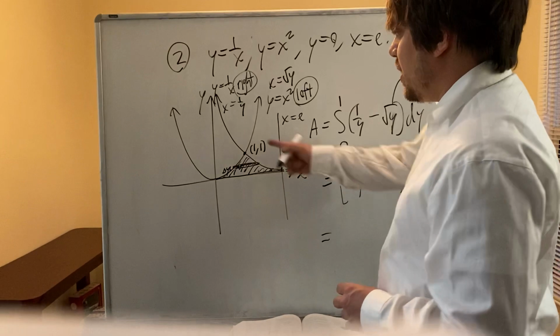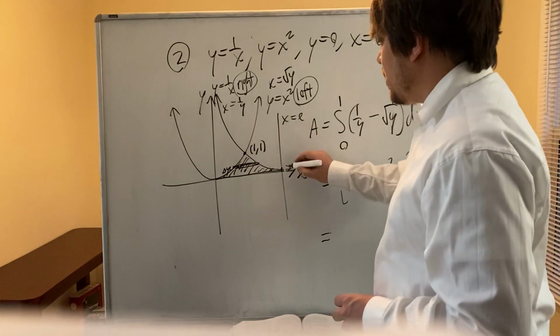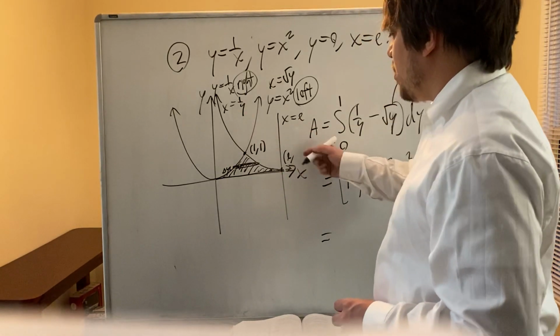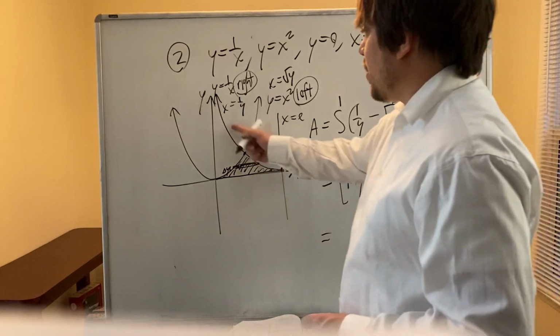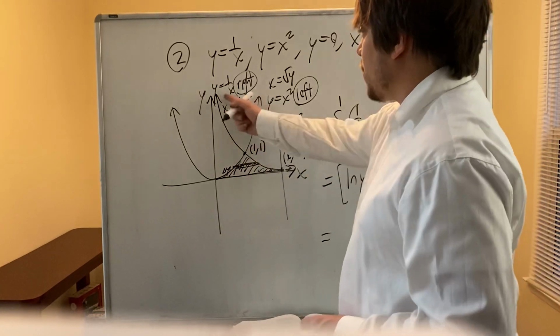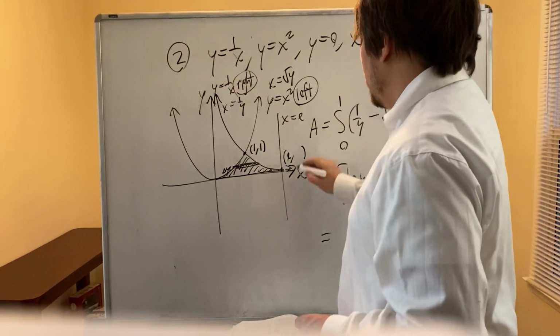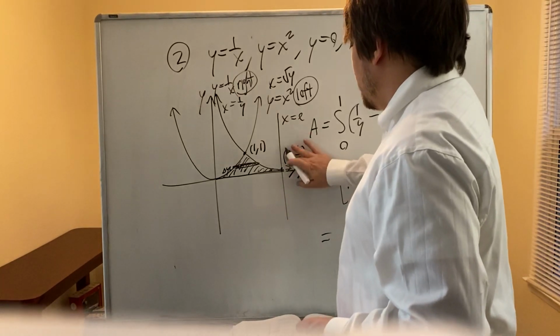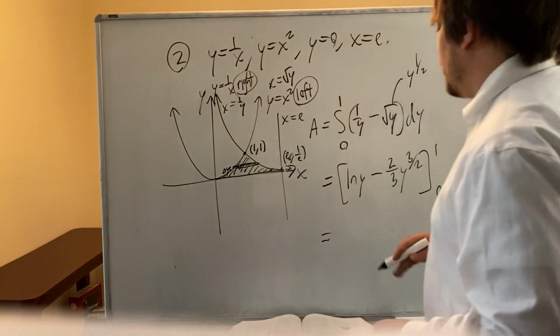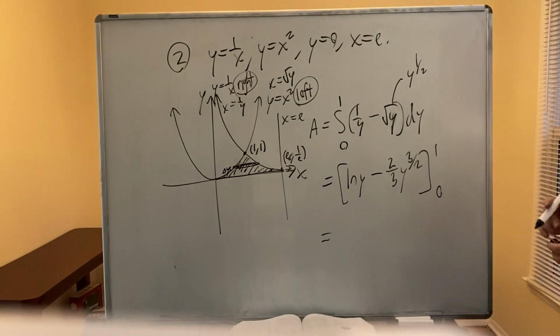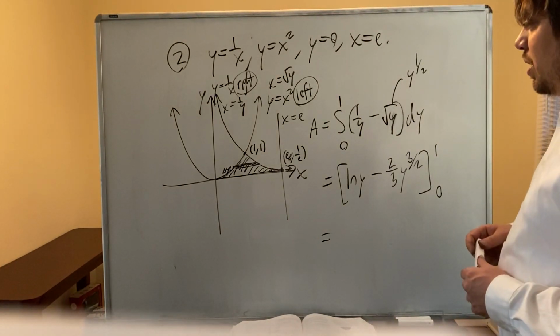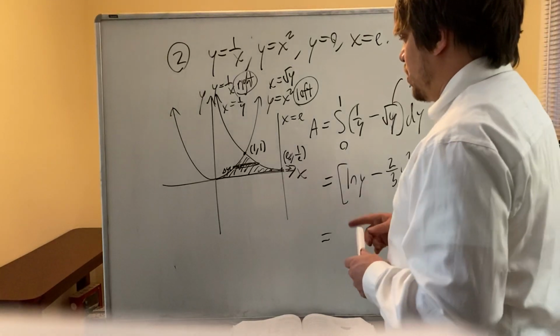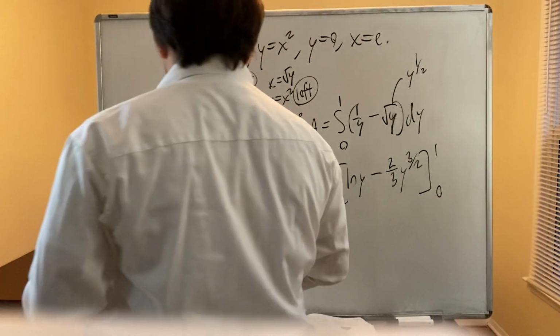Because if x is e, the coordinates of this point are e comma the y value on the graph of y equals 1 over x. So y is 1 over e. And so instead of erasing all this, I'm going to continue with this way of doing it, which is fine. And so what I'm going to do is I want you to see the graph.